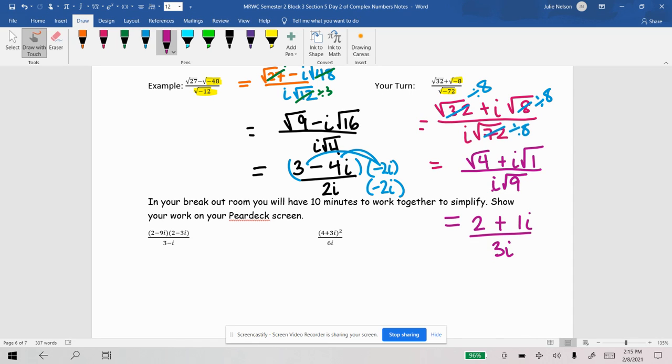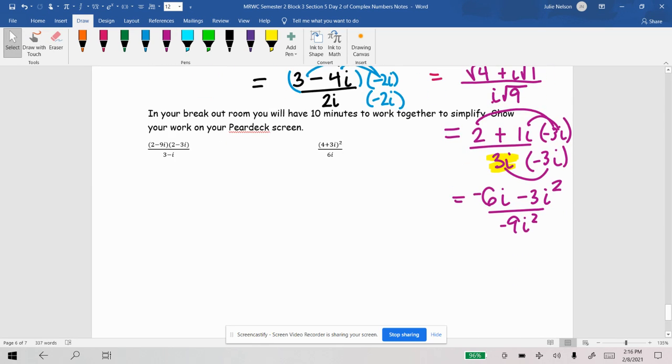Now remember, you can't have an imaginary number in the denominator, so anytime you have an imaginary number in the denominator, you have to multiply top and bottom by its conjugate, which is negative 3i. And when you do that, you get negative 6i minus 3i squared over negative 9i squared.